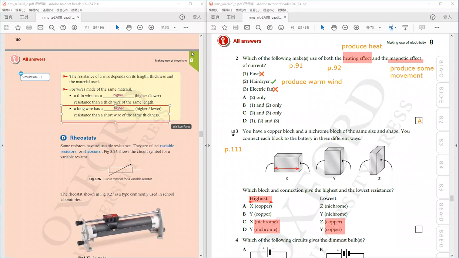So X is longer than Y. You get what I mean? Also, a thin wire has a higher resistance. Thin wire, in this case, refers to the thickness of the metal block.